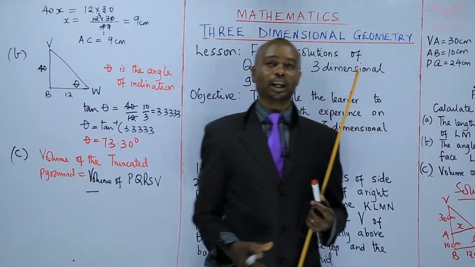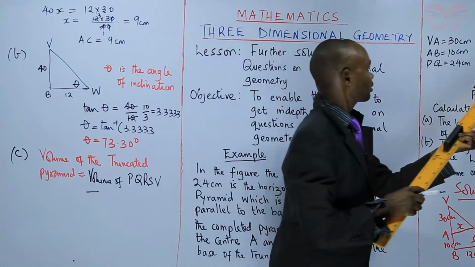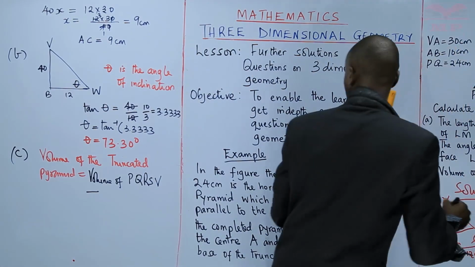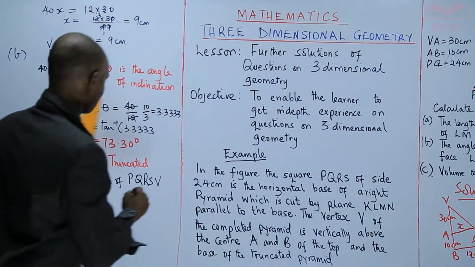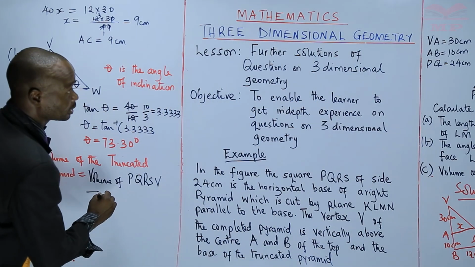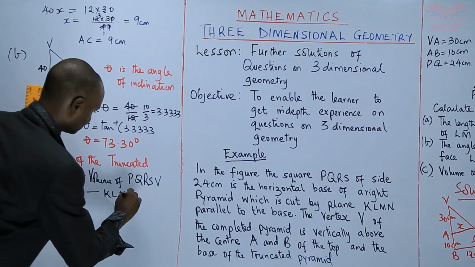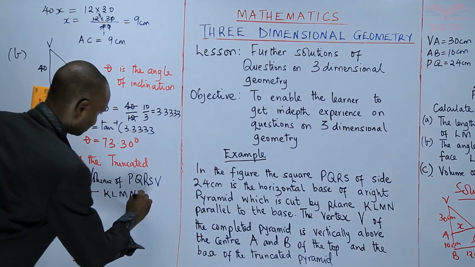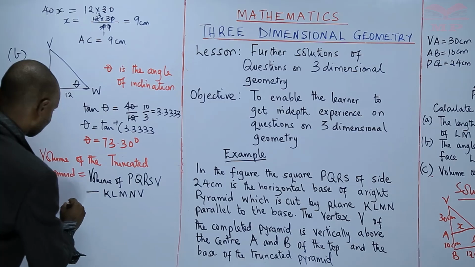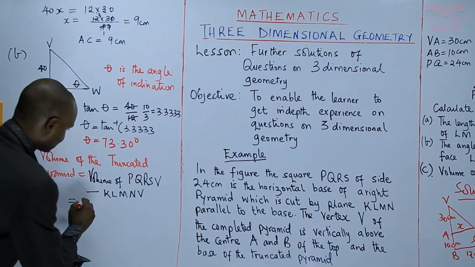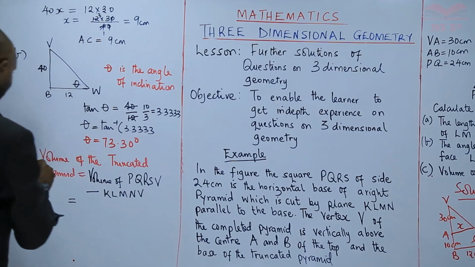To truncate is to cut. So they are asking for the volume of this one below. It is as if that one has been cut. So you subtract the volume of KLMNV. So for a clear understanding, you can write it this way. It will be volume of a pyramid.